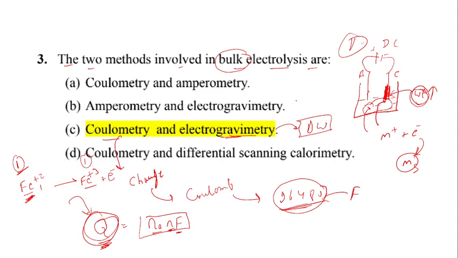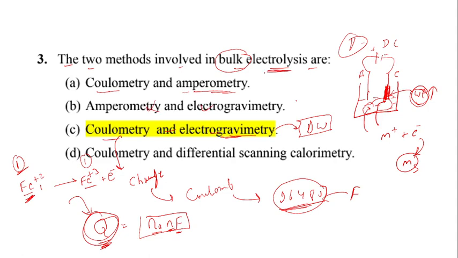So this is a bulk method question. In the first option, coulometry is there, but the other is amperometry. In amperometry you are going to measure current, so that option is not right. It is correct only for option C, which has both options correct, because it is bulk electrolysis.